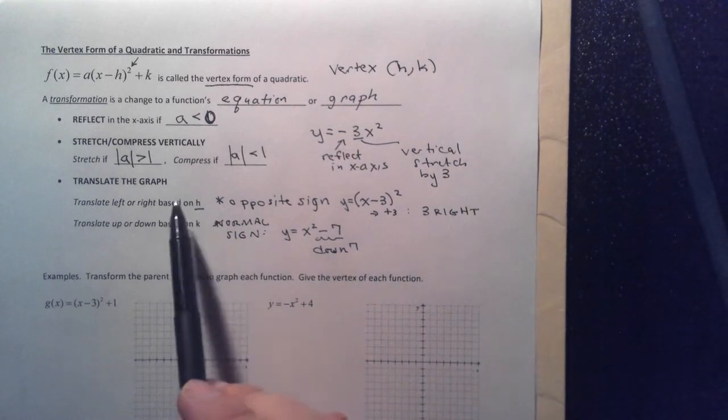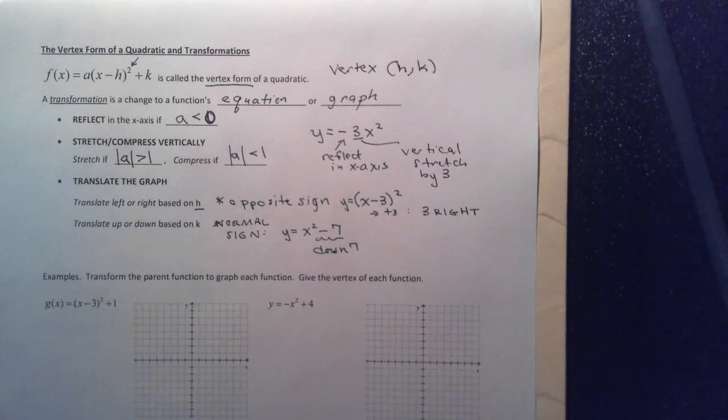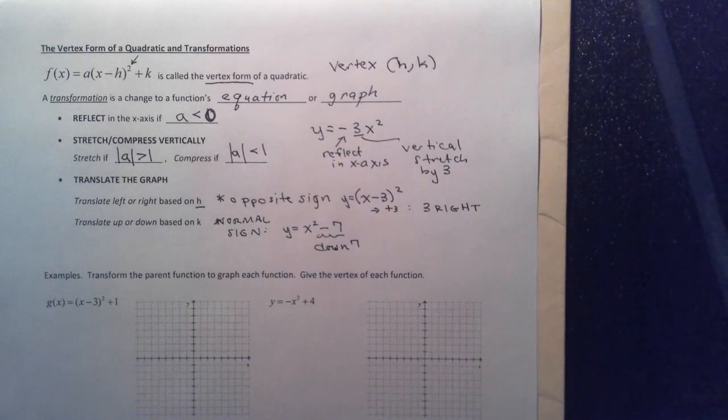Those translations tell me where my vertex is going to go. So once we grasp these ideas, this will be the most effective way of graphing a quadratic. So let's take a look at some examples.